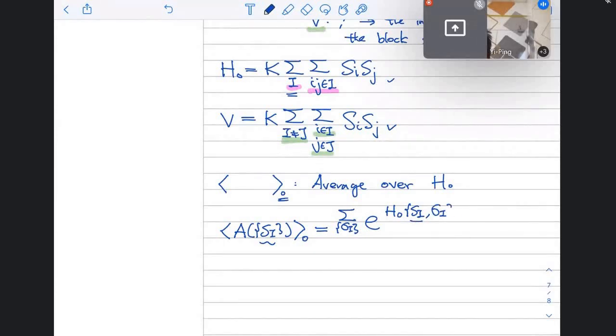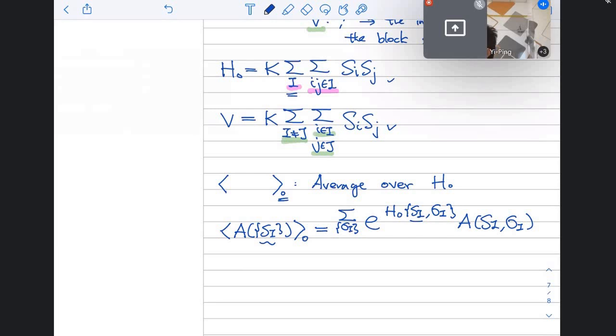But what you need to do is basically consider all these spin configurations sigma. Okay, so when you are doing that, this operator A will also depend on the microscopic configuration, this little sigma I, and the corresponding block.